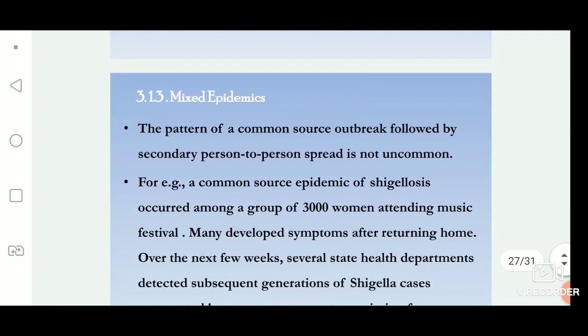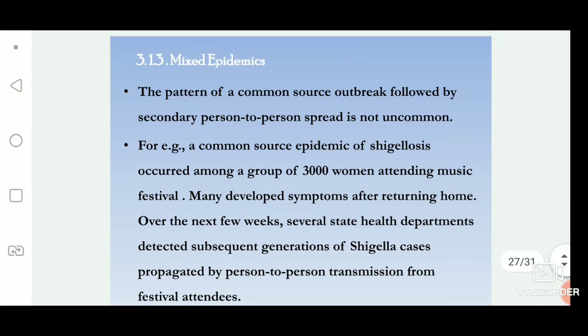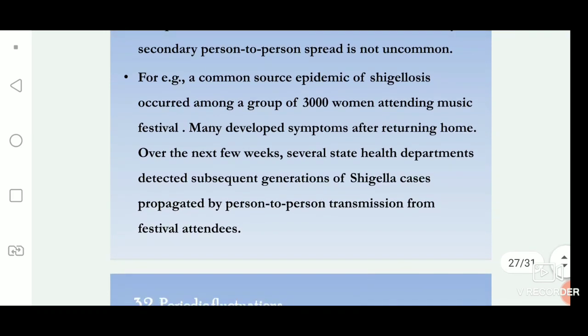Now coming to the mixed epidemics. These mixed epidemics are a combination of two patterns, where an outbreak followed by secondary contamination is not uncommon. For example, a common source epidemic of shigellosis occurred among 3,000 women who attended a music festival.